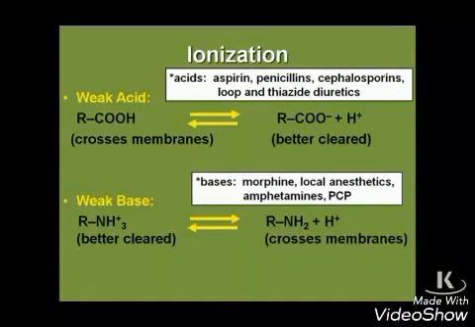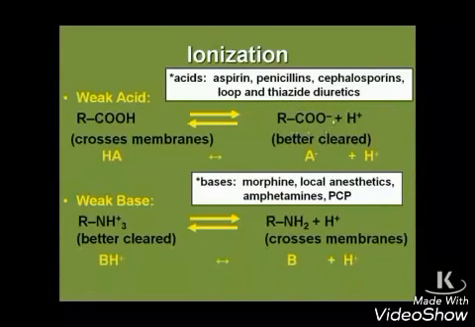And if you're not a big fan of chemistry, let me show you a shorthand way of remembering this. You can basically take the carboxyl group and turn it into A for acid, so that the non-ionized form of the acid is the HA form. If you take the hydrogen off of the drug, it's in the A- form. Again, it's just a shorthand way to write the same point.